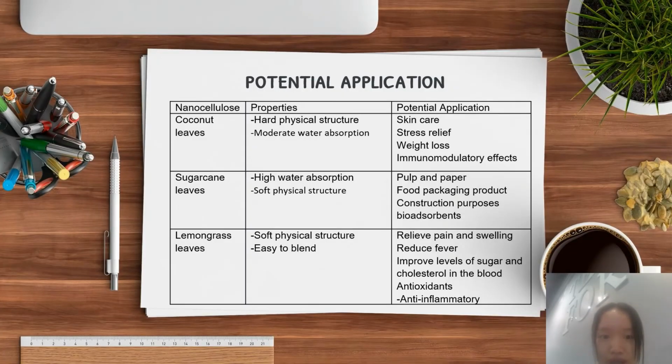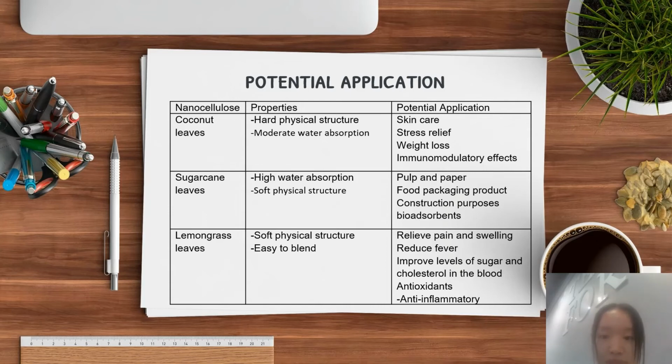Potential application. The properties of coconut leaf are a hard physical structure and moderate water absorption, so it can be applied to make products that require high shine. The potential applications for coconut leaf are skin care, stress relief, weight loss, and immunomodulatory effect. Next, the properties of sugarcane leaf are high water absorption and a soft physical structure.